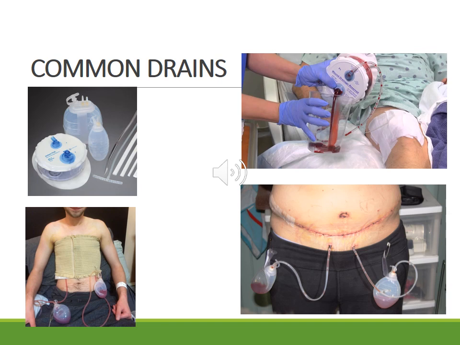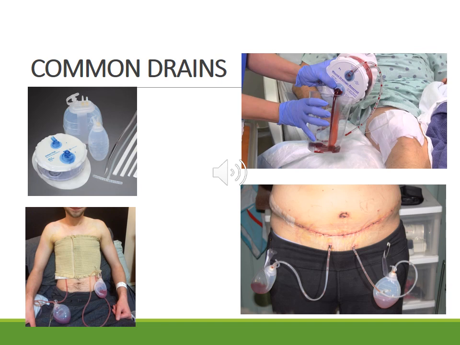As this drainage fills that bulb, that bulb is going to expand. And then when we empty it, we want to press that bulb flat before we put the lid on it, because that is how we get the low suction to help it drain.